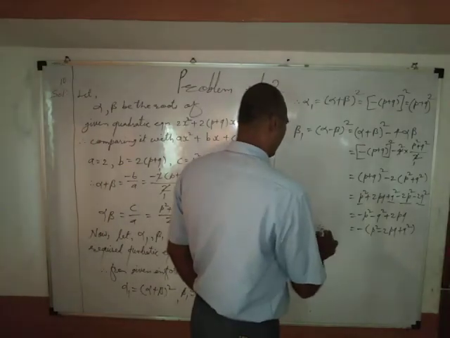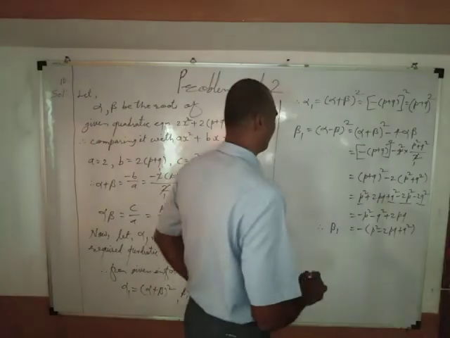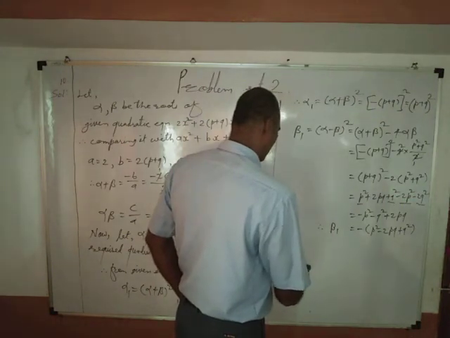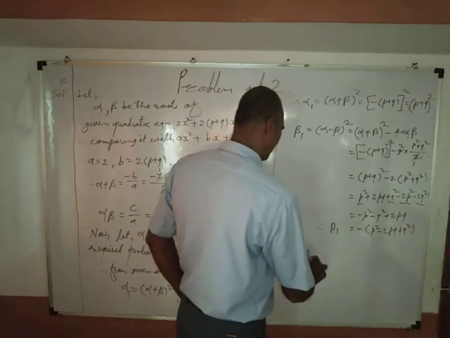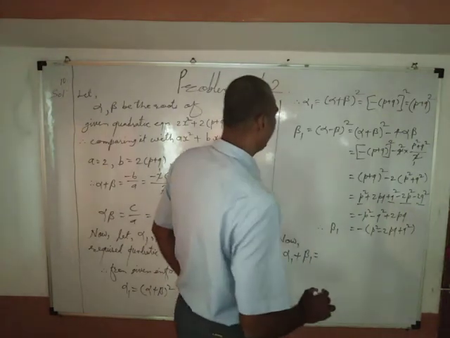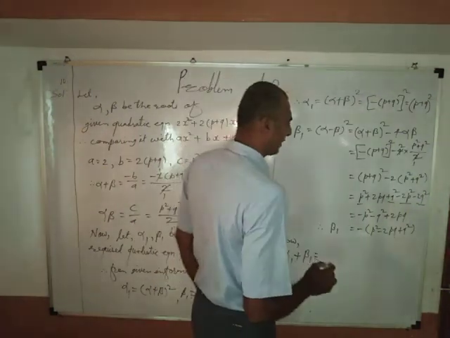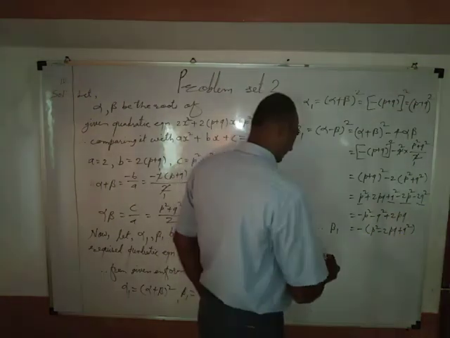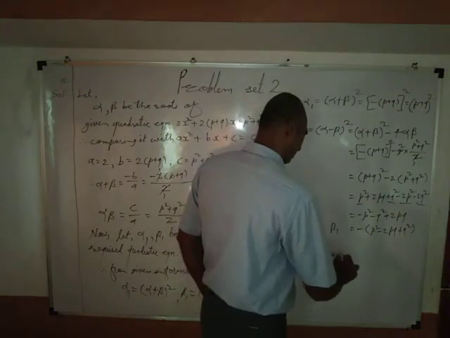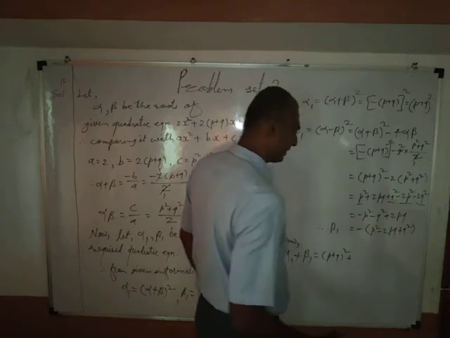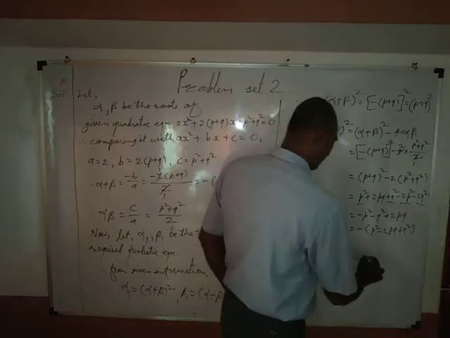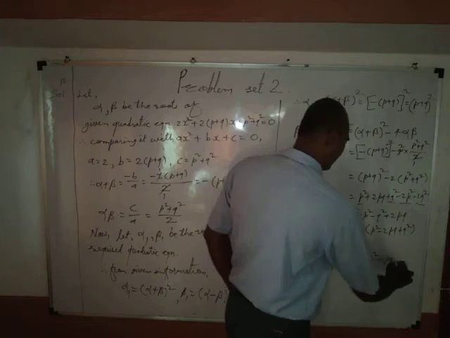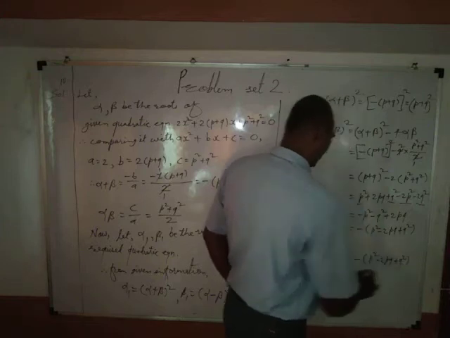Okay, it is the value of beta 1. Now alpha 1 plus beta 1 equals, alpha 1 is (p plus q) bracket square, plus beta 1 is minus in bracket p square minus 2pq plus q square.